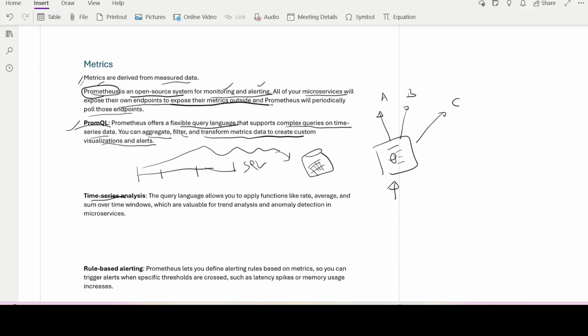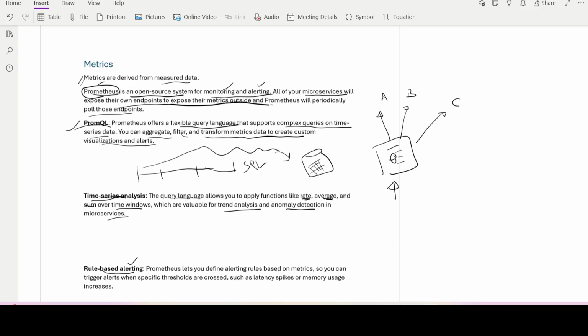So we need time series analysis, and the query language allows us to apply functions like rate, average, and sum over some time windows. There are a lot of features available, but these are automated. I mean, these are easy to use so that we don't have to build them again. So trend analysis, anomaly detection, and all of these for microservices can be done in Prometheus. There is also another one called rule-based alerting. Alert, right?